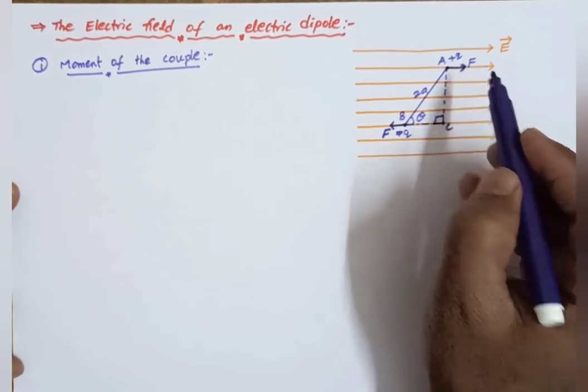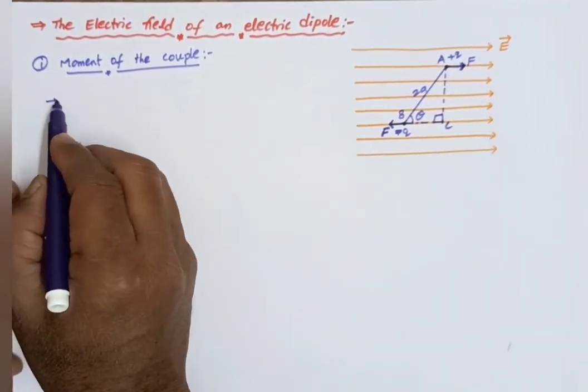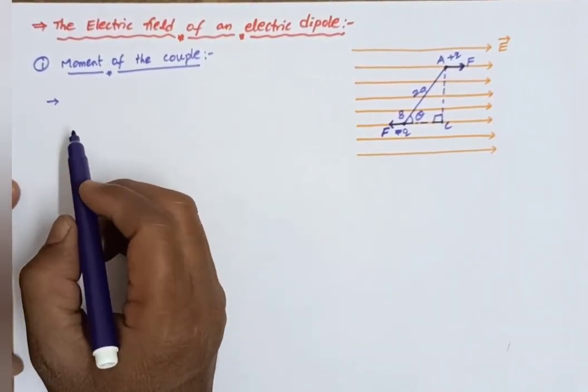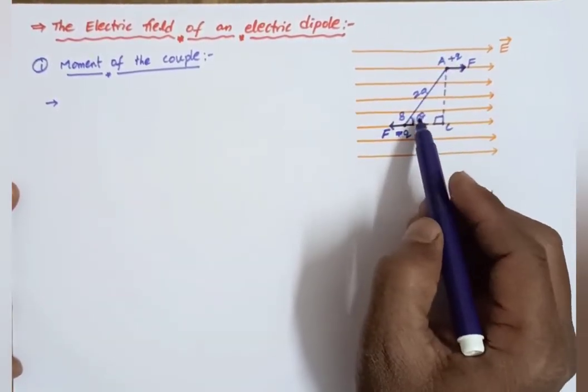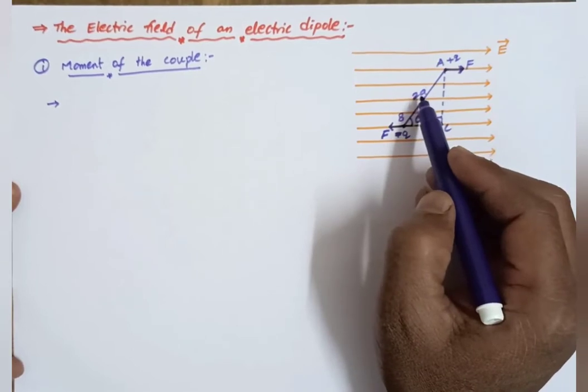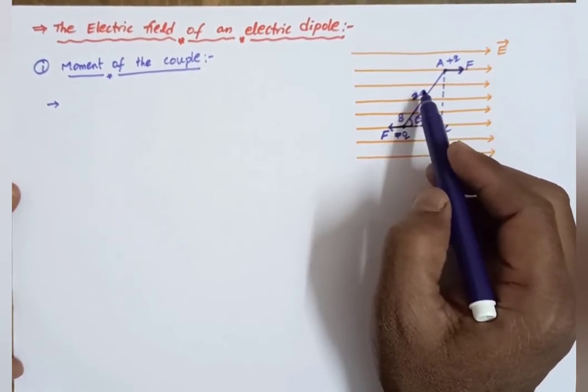Now we consider equal and opposite charges plus Q and minus Q separated by 2A. It is called the electric dipole.